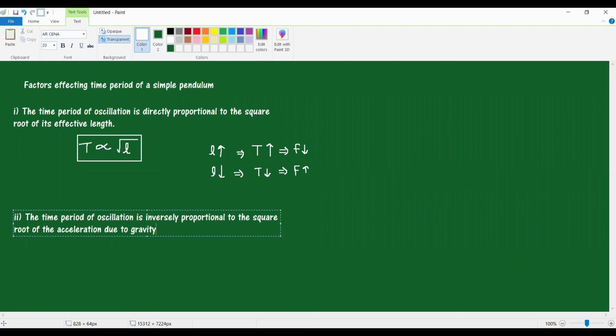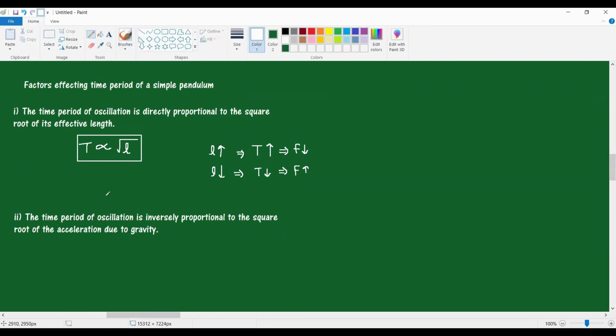Clear? This is the second part. Again, by observations, we have found that the time period of the pendulum is inversely proportional to the square root of acceleration due to gravity at that place. Clear? It changes from place to place. You must know this. Acceleration due to gravity.